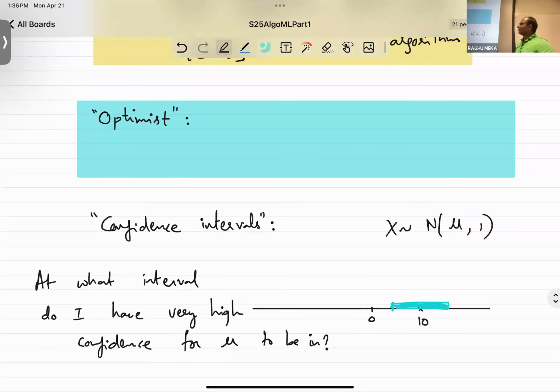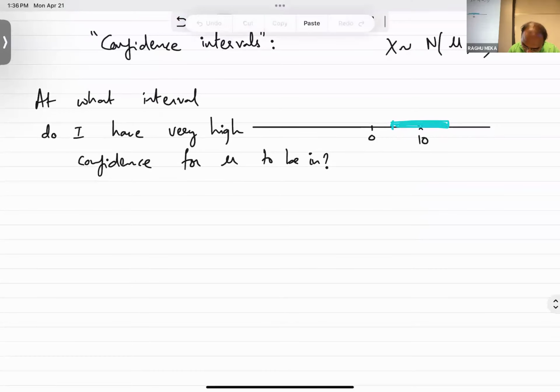So what we're going to do now from the optimist perspective is basically ask this question: compute the confidence interval.